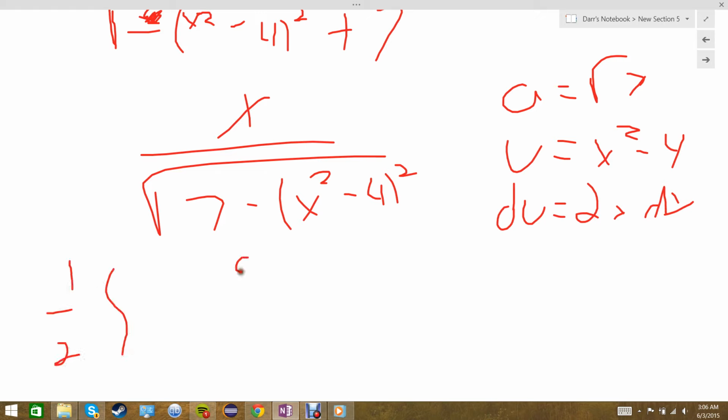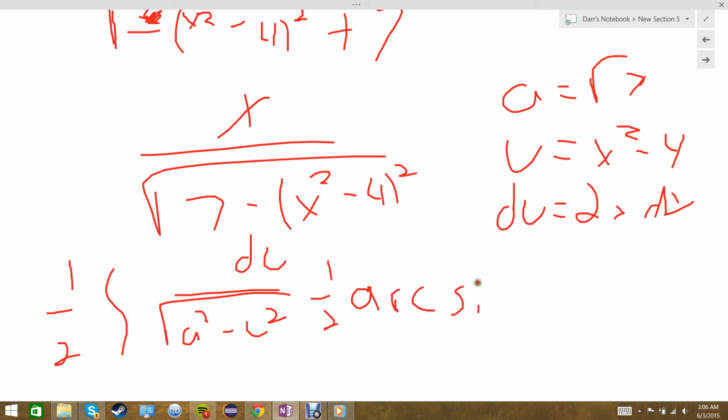Integral of du over radical a squared minus u squared, which looks like our arc sine. So what you do is you get 1/2 arc sine of u over a, which is u is x squared minus 4, and a is radical 7, plus c.